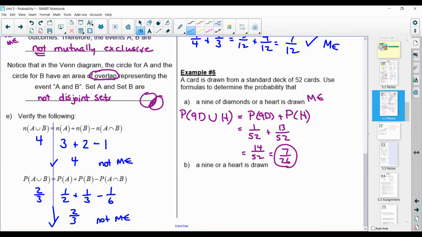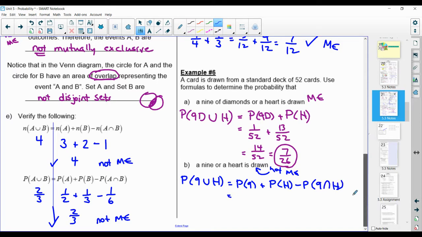All right, the next one says the probability of a 9 or a heart. So this is the probability of 9 or a heart. Well, in this case, this is not mutually exclusive because we can get a 9 of hearts. So the probability of a 9 plus the probability of a heart minus the probability of a 9 and a heart.